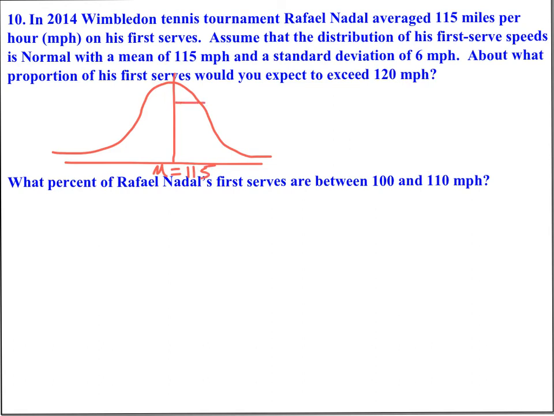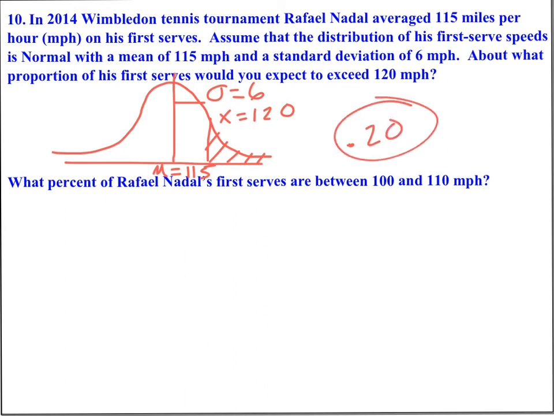Mu is 115, sigma is 6, and the units are now miles per hour. And we want to know what chunk would be greater than 120. Right there, okay? The difference here is really when you go to the calculator, you can just change mu and sigma and you can leave it in the units of miles per hour. You don't have to standardize everything. Okay? You can if you want, but you don't need to.